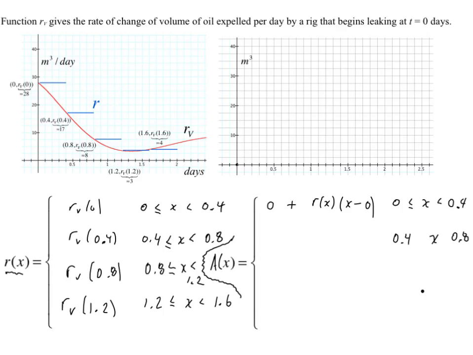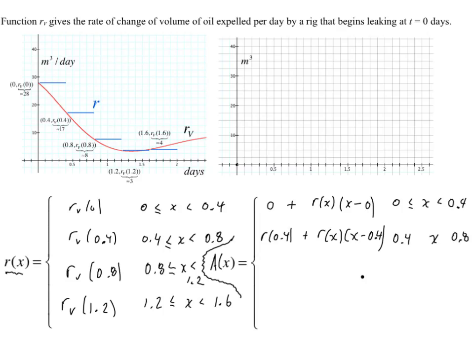Yeah, the accumulation in this next interval. I want to say it's r of 0.4 plus r of x times (x minus 1). Here's what Karen's offered up. Is this right? Is this what you said? What do you think? Sophia?